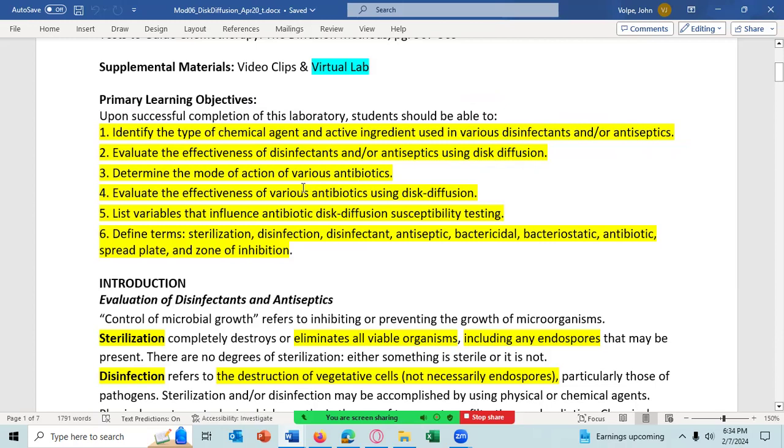Four, evaluate the effectiveness of various antibiotics using the disc diffusion method. Five, list variables that influence the antibiotic disc diffusion susceptibility testing. And six, be able to define the terms sterilization, disinfection, disinfectant, antiseptic, bactericidal, bacteriostatic, antibiotic, spread plate, and zone of inhibition. Any questions about learning objectives or what we're covering?